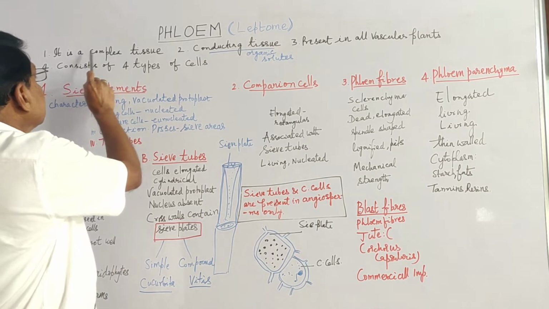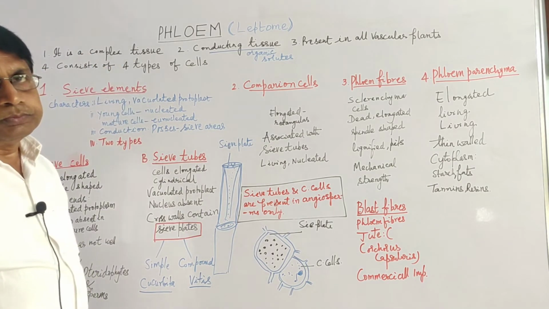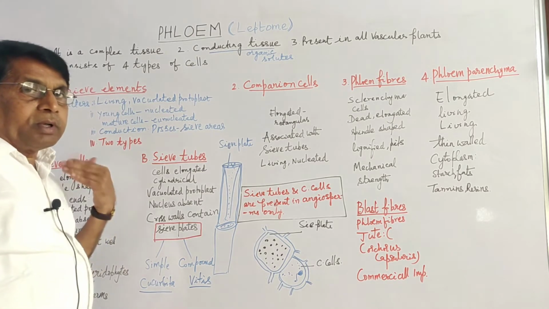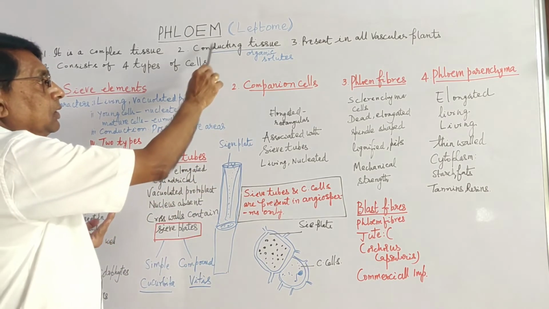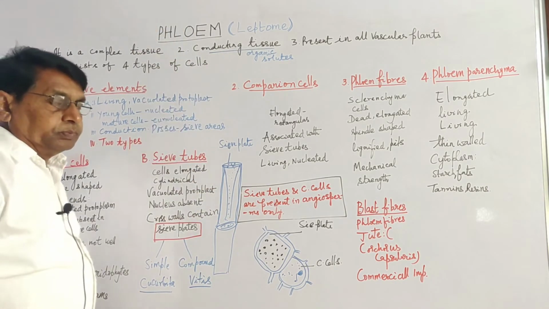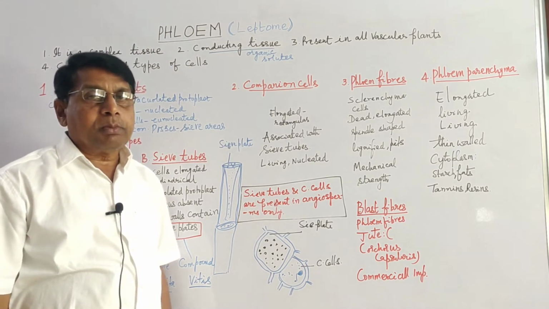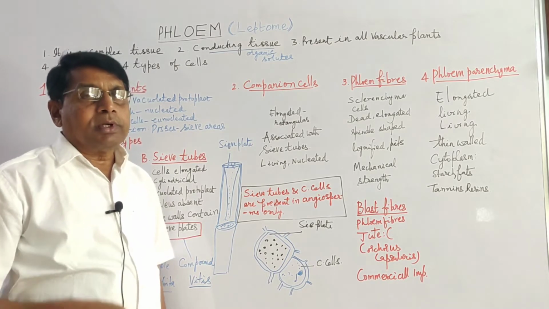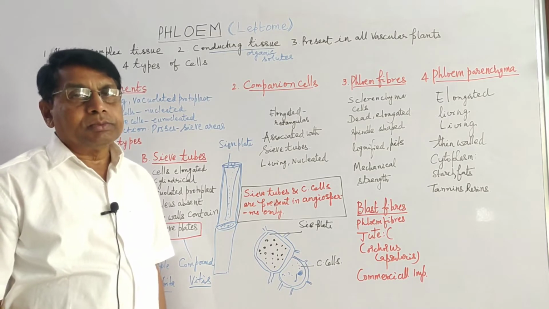Phloem is a complex tissue made up of different types of cells. It is a conducting tissue. It conducts the organic solutes prepared by the leaves in photosynthesis, such as carbohydrates, amino acids, and simple lipids.